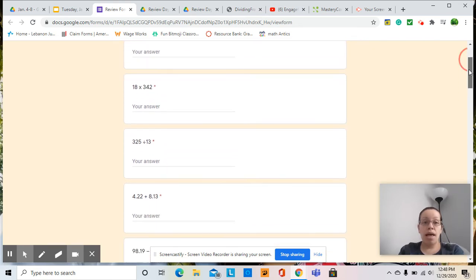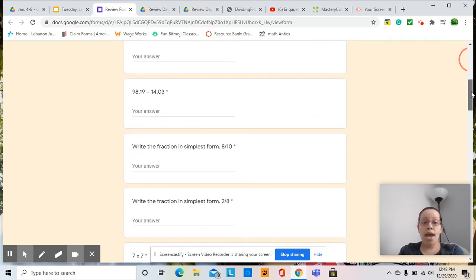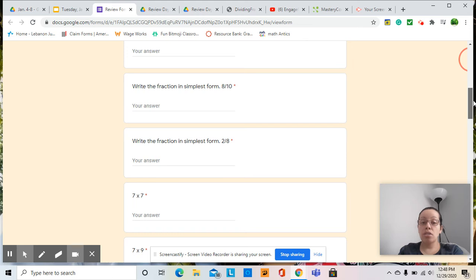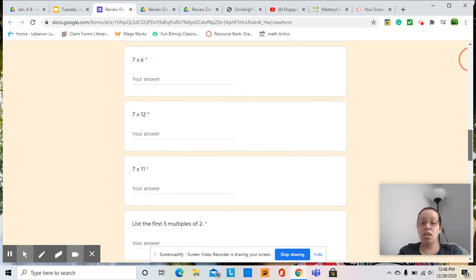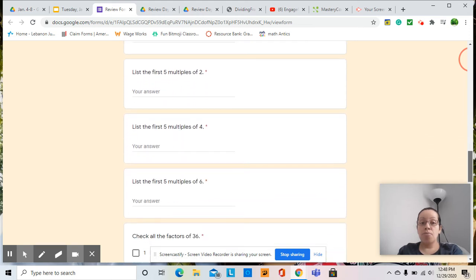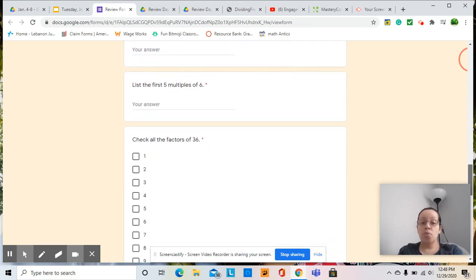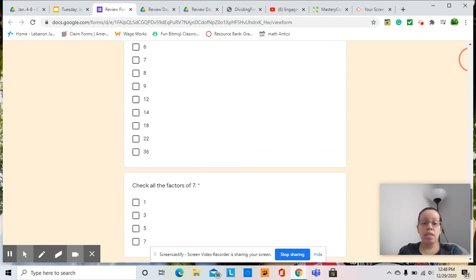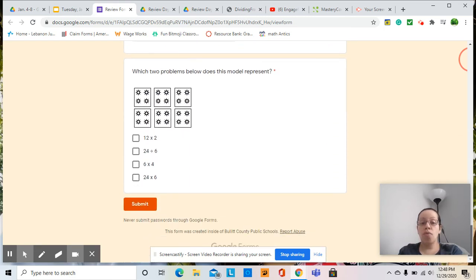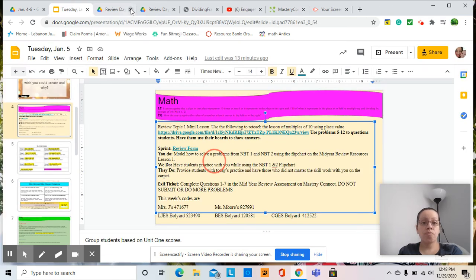You will multiply, divide, subtract, try to simplify 8/10, simplify 8/2/8, then some simple facts of multiplication. Then you'll list the multiples of 2, what the factors are for 2, for 36. So you go through the Google form, and once you finish that, you will submit your Google form, which is just review of anything that we've talked about this year.